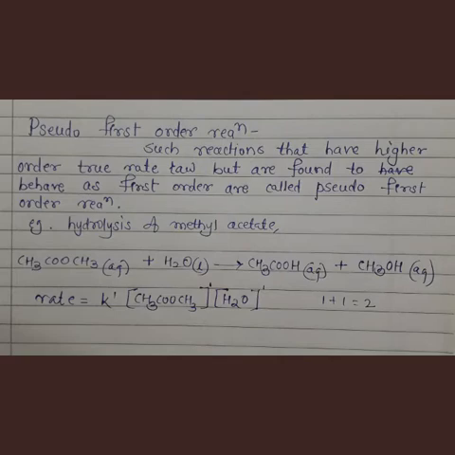It is expected that the reaction follows second order kinetics, but actually it obeys first order kinetics. Why it obeys first order, that we have to see. The reason here is the solvent which is used is water, and water is used in very large excess.